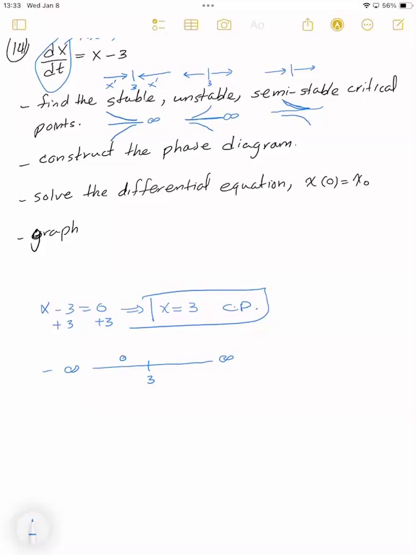If I pick 0 and substitute it here, we are picking a number x that is less than 3. And when we substitute it here, 0 minus 3, we get x prime is negative 3.